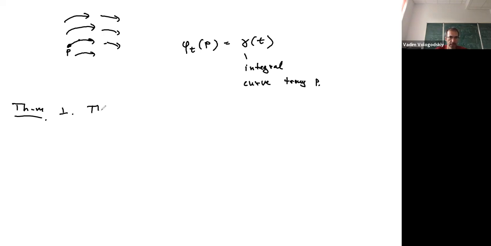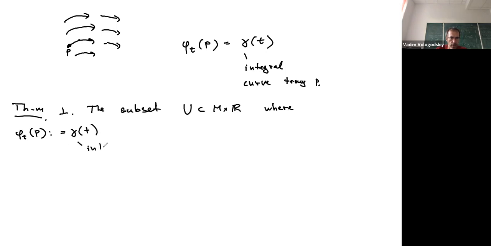So the subset U of M times R, okay, so this is the subset of pairs P comma T where phi sub T of P, which is given by this formula, this is the integral curve through P, is defined.